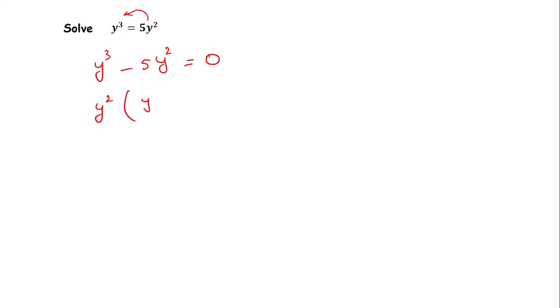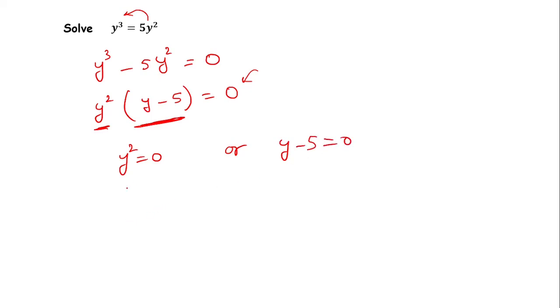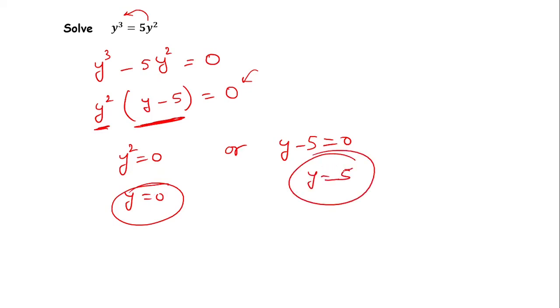Common is y square. The left portion in the bracket is y minus 5. Y square multiplied with y minus 5 is giving me 0. It means either this will be equal to 0 or this value will be equal to 0. From here y is 0 and from here y is 5, the answer.